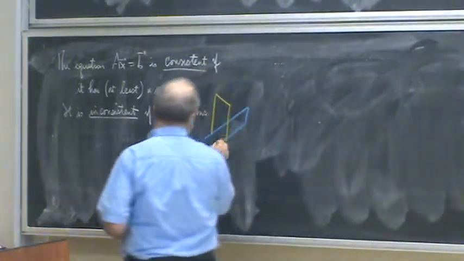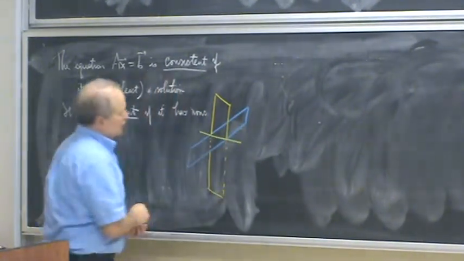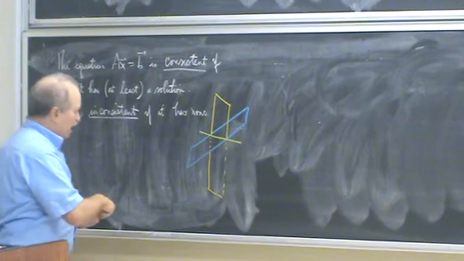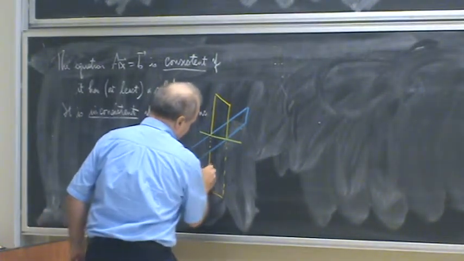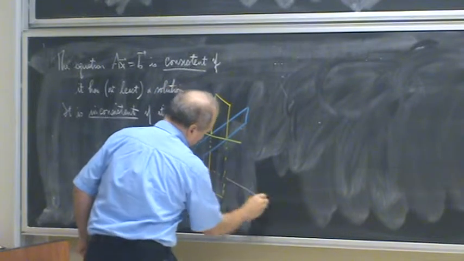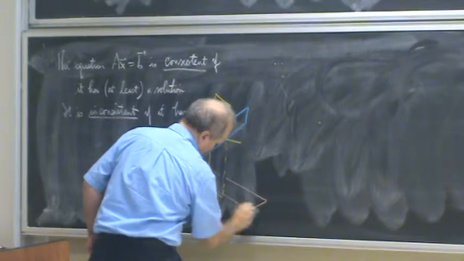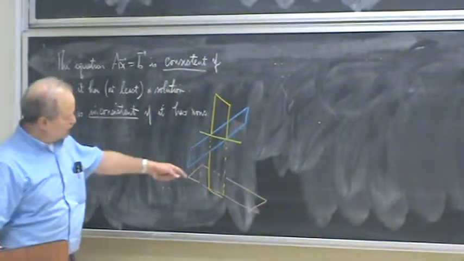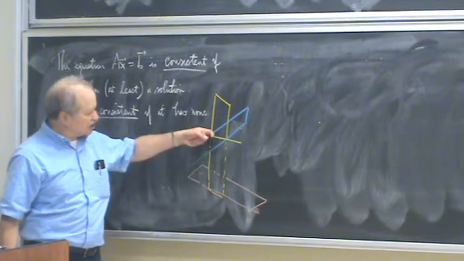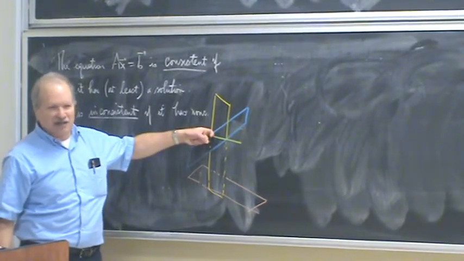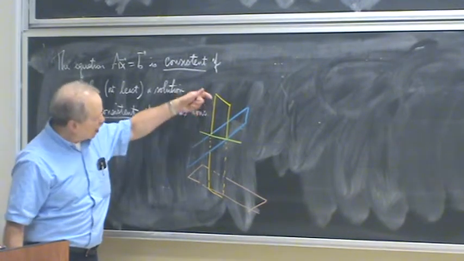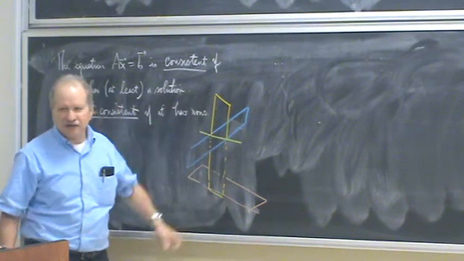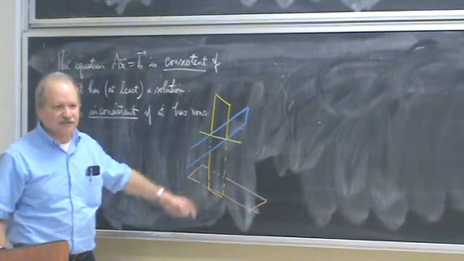You have a line of solutions here. But then along comes a third equation whose solution set is disjoint from this line, and there aren't any solutions. There's no points that are in the yellow plane, the blue plane, and the brown plane. So that would be inconsistent.